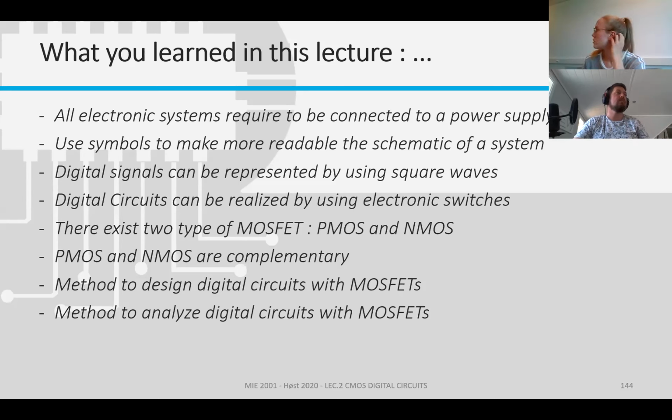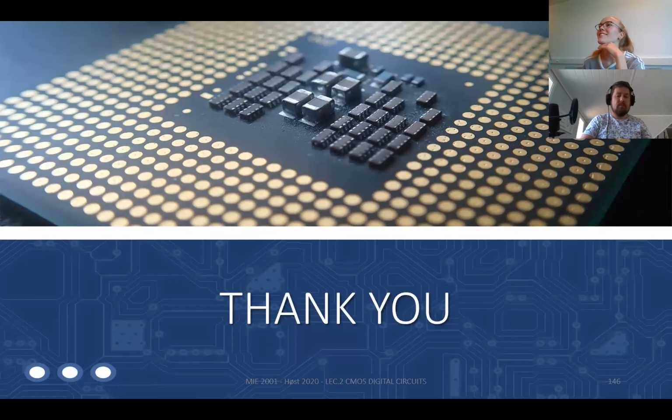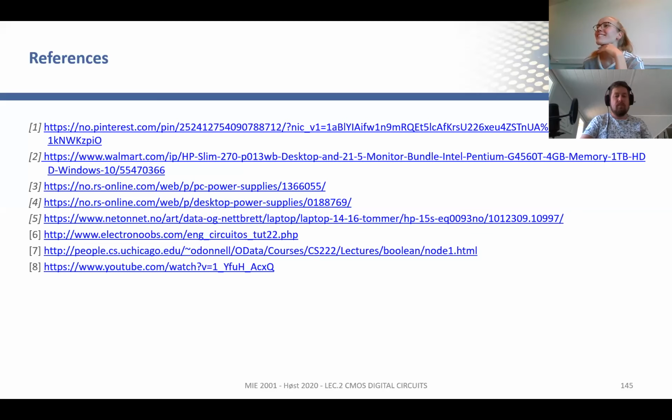Circuits with PMOS and NMOS are said to be CMOS because PMOS and NMOS are complementary. And now you should be able to analyze and design circuits. This is all. If you have any question, feel free to ask. I have maybe 10, 15 minutes remaining here.